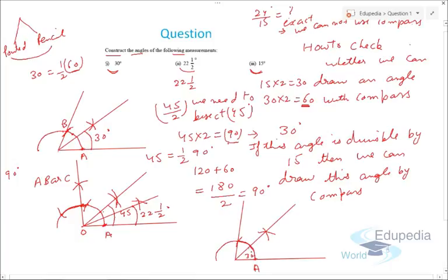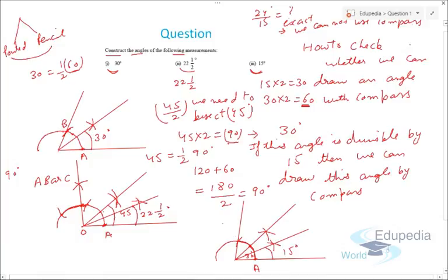Now we need to bisect this part, so we need to open a compass of this length arc. So keeping this as a point, we mark point like this, and keeping again this as a point, we mark another like this. Then using line tool again, we need to pass like this. So this becomes a 15-degree angle. So this is how we can draw the 15-degree angle.